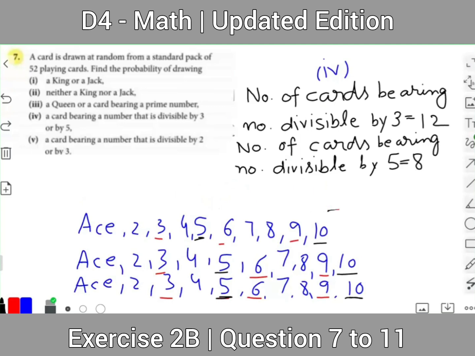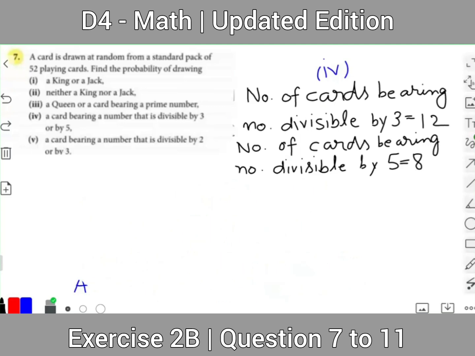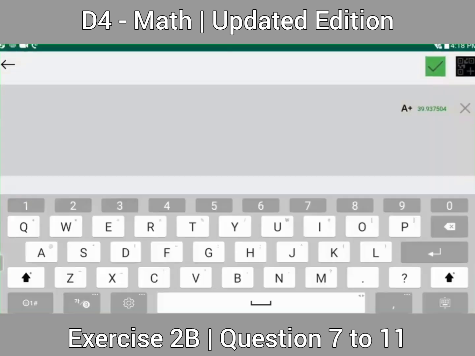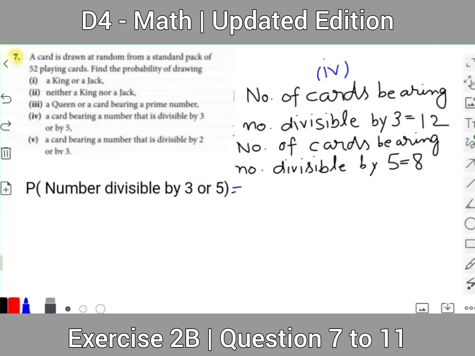Now for the probability that the number is divisible by 3 or 5, these two events are mutually exclusive events. So here we will apply the additive law of probability.